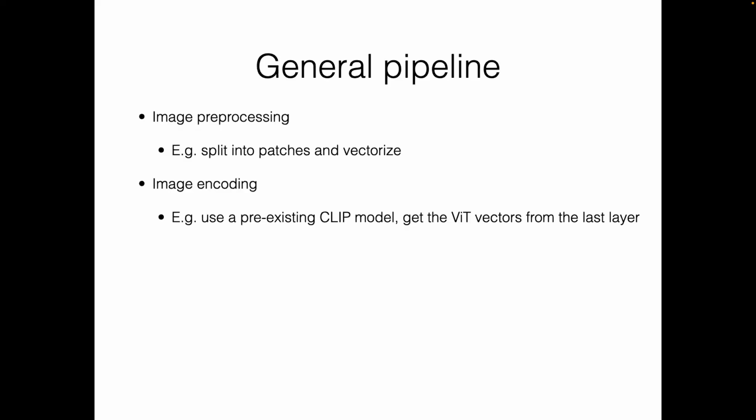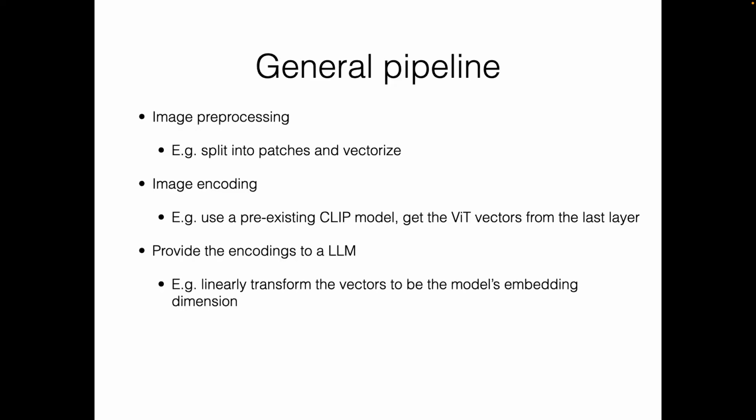And so the general pipeline here, if you could generalize it, is that we want some method of pre-processing the image, so splitting it into patches and turning it into vectors. Then we want some method of encoding the images, going from these patch vectors to some better vectors. An example of that is you could take this pre-existing CLIP model and get the vectors from the last layer of the transformer.